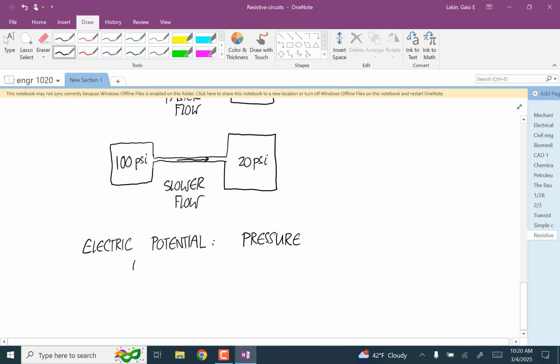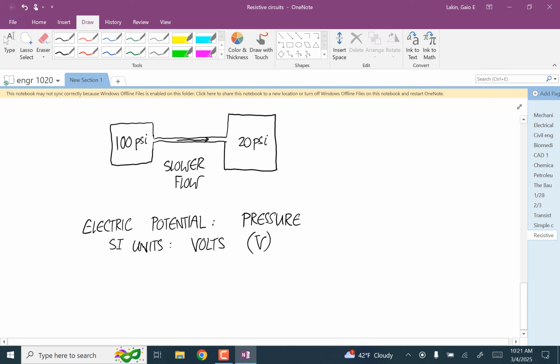The units of electric potential, the SI units, are volts. Okay, so electric potential uses units of volts, but it's not quite the same thing as voltage.